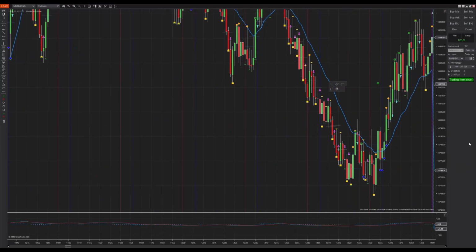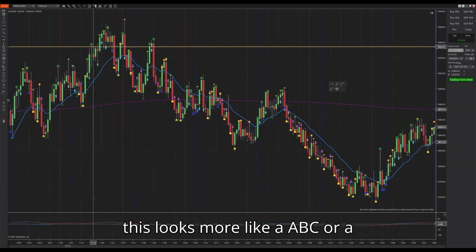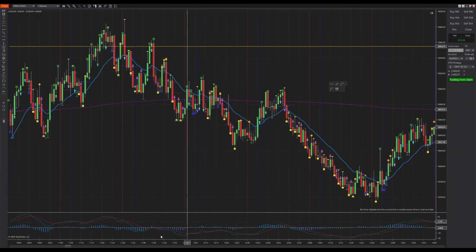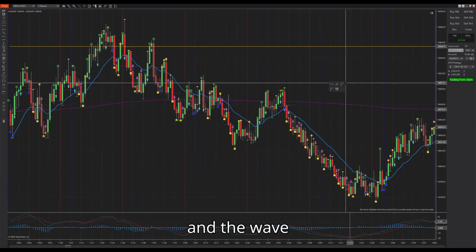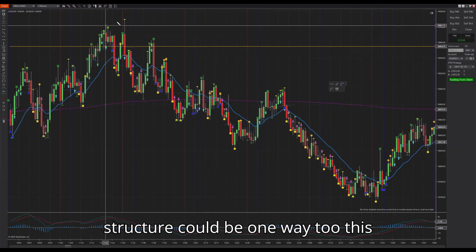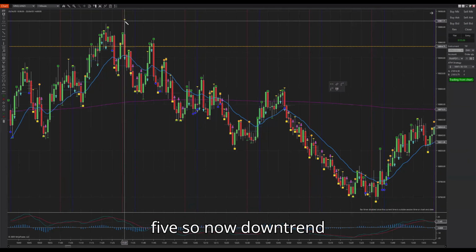And now if I look at the same thing in the auto scale, this looks more like an ABC or a downtrend, and wave 3 is the highest. So there is some divergence here, and the wave structure could be one way too. This is the end of wave 5.